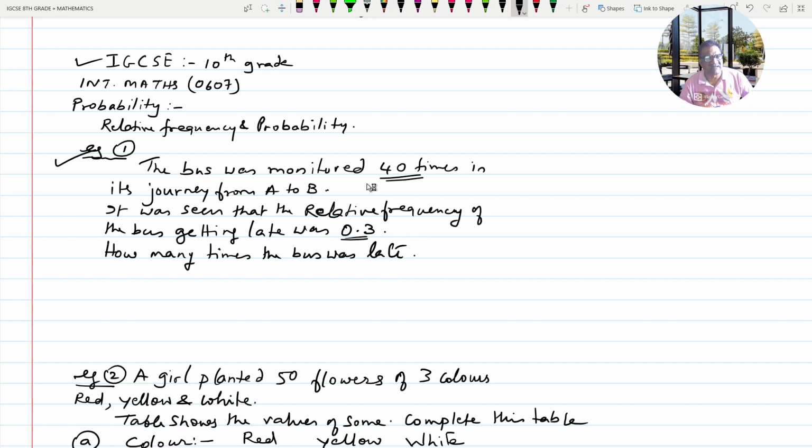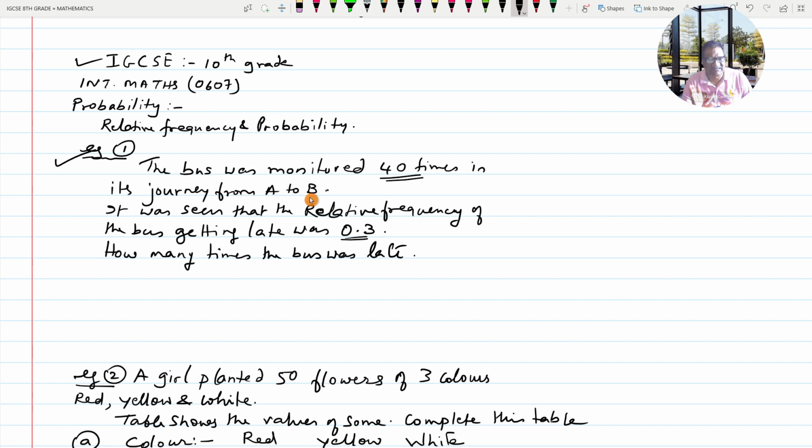He says that a bus was monitored 40 times in its journey from A to B, and it was seen that the relative frequency of the bus getting late was given. Normally any bus travels from A to B, and the time taken from A to B has to be fixed.